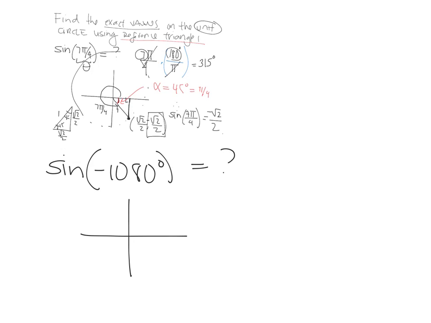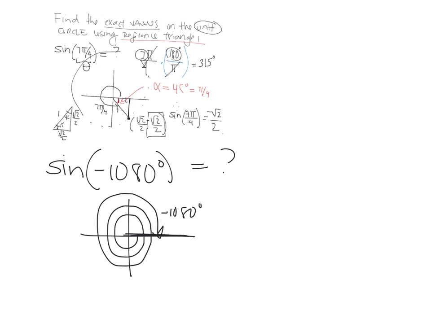You can use your calculator, I'm actually doing it right now: 1080 divided by 360, and it's exactly 3 times, because 3 times 360 is 1080. But this is a negative angle, so again, I'm starting at the horizontal axis. So this is negative 360, then another negative 360, which is 720, and then we have our final 360, that's our negative 1080. You don't have to change it to radians if you don't want to.